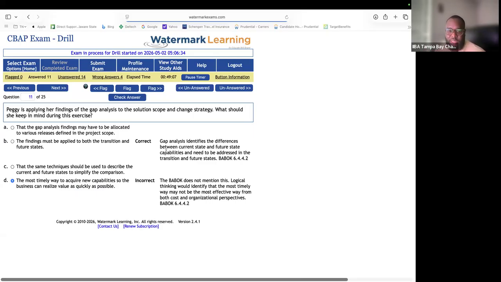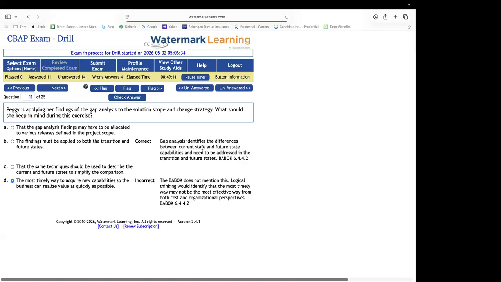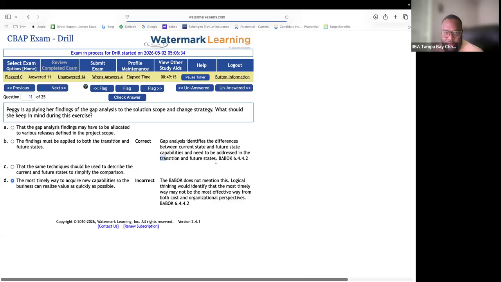The part that I'm a little bit not clear on is this right here, that last sentence, transition and future state. Because I was agreeing with Jose when he said the gap analysis identifies the difference between current and future state. And then he added that capability and need to be addressed in the transition and future state.